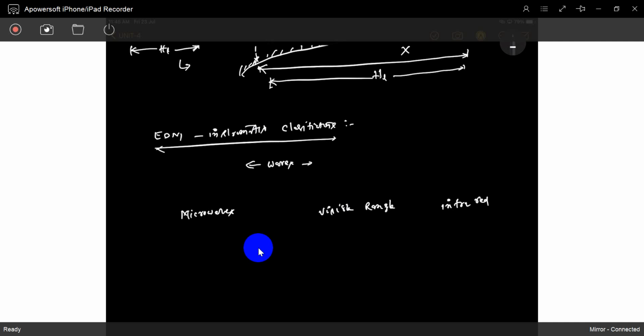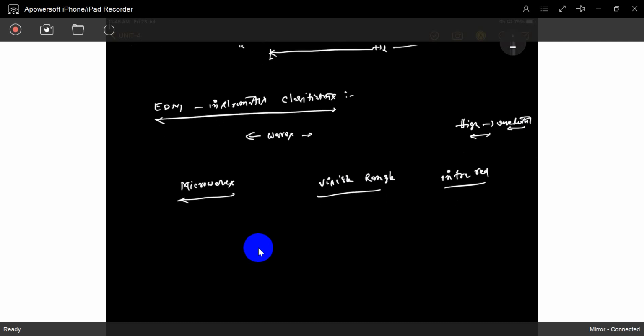So these three different types of waves are used in EDM instruments. The remaining we can't use because they have high wavelengths, so many problems arise. We don't go into those problems because these are electronics topics: waves, signal processing.